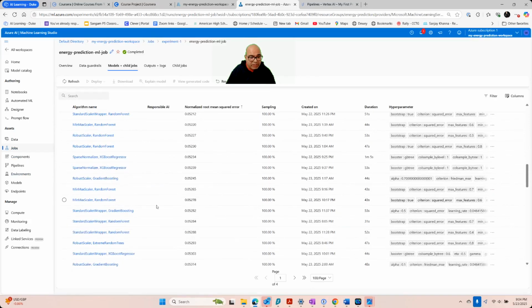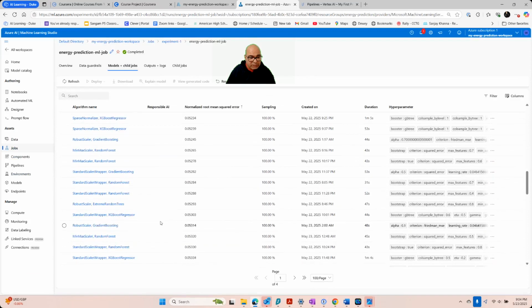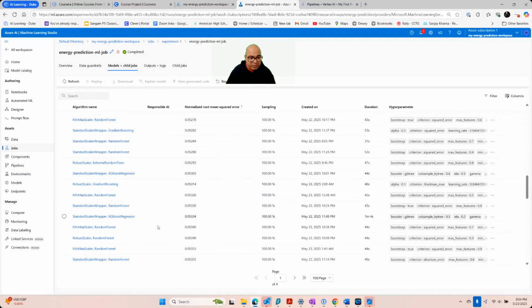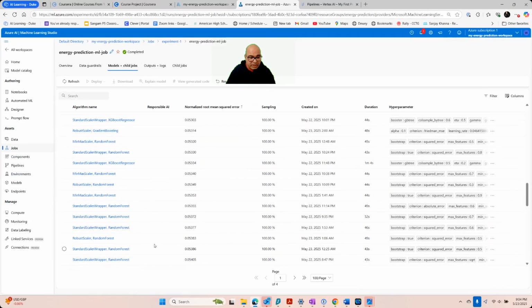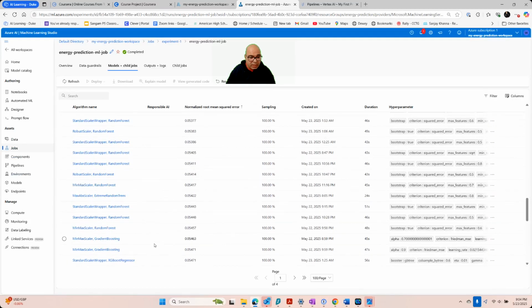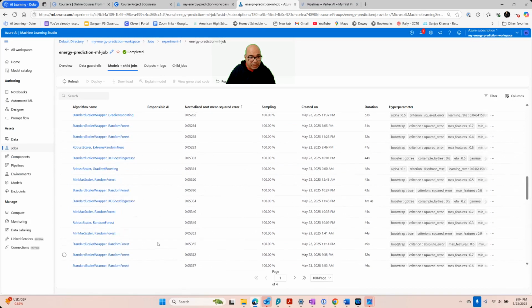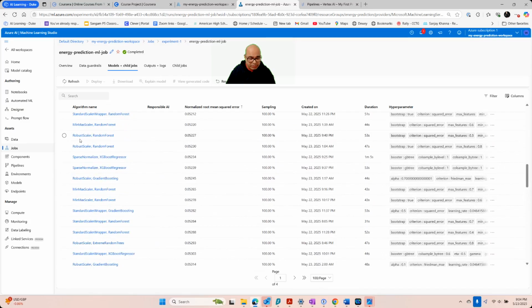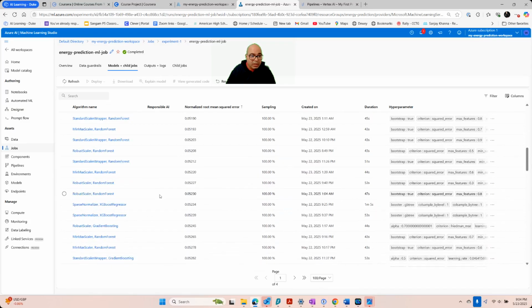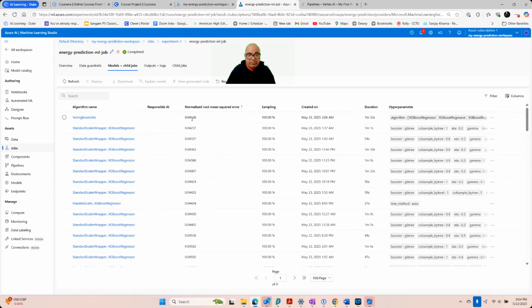You can see random forest in there, and XGBoost regressors, all different ways of doing calculations. There are also different preprocessors. The best winning algorithm was the voting ensemble, and this is its normalized root mean squared error.